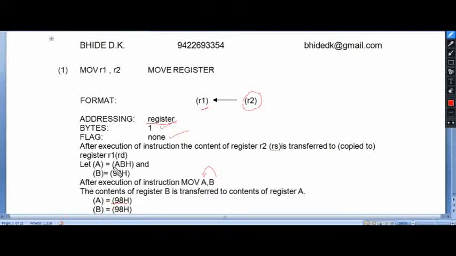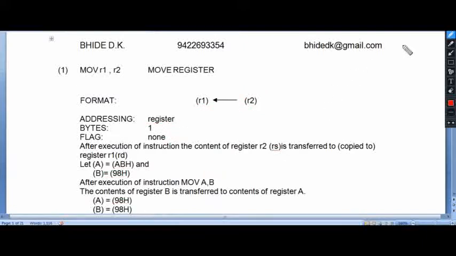Before execution, the content of A equals AB, it changes to 98. The number from register B, 98, is copied to A. The number present in register B remains as it is, equal to 98. This is the first instruction from the data transfer group.